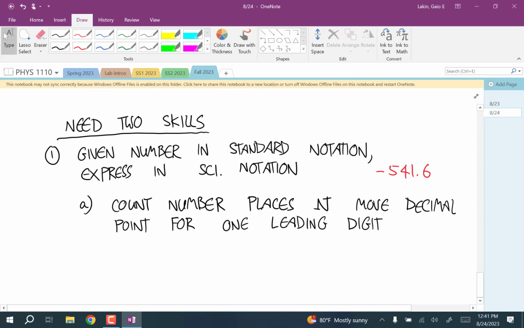In the example, we're starting with negative 541.6. To have 1 non-zero digit before the decimal point, we have to move it 2 places. So capital N is equal to 2.